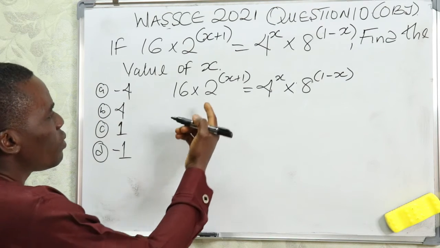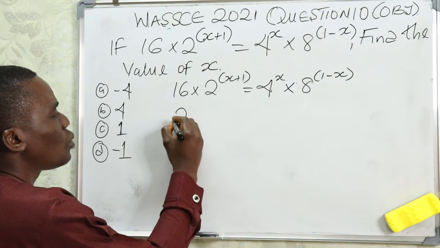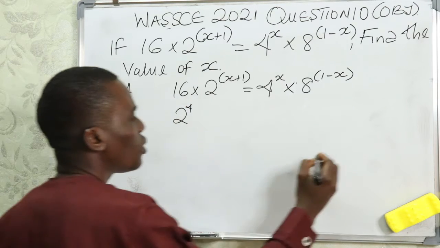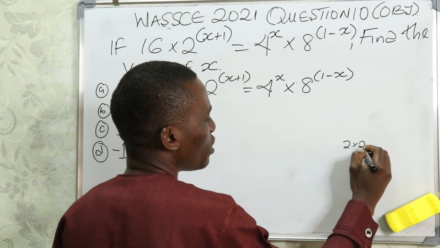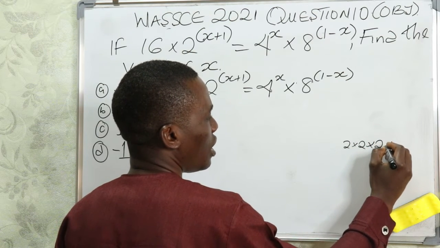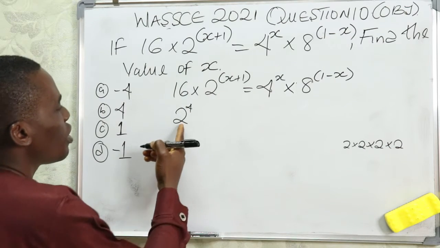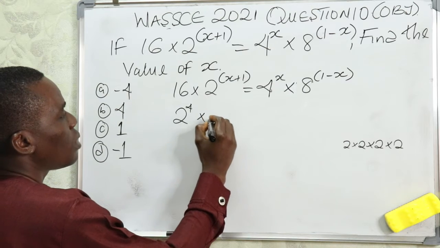For me to make 16 have a base of 2, that would be 2 raised to power 4, because 2 times 2 will give us 4, 4 times 2 will give us 8, 8 times 2 will give us 16.